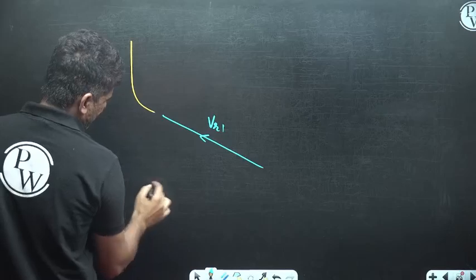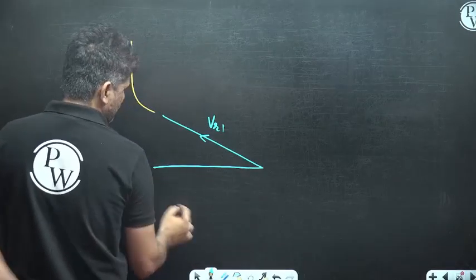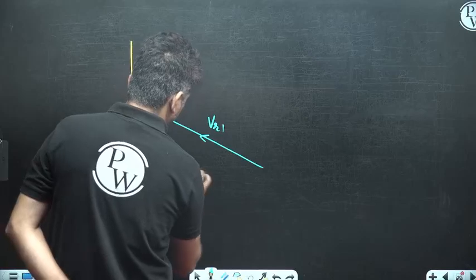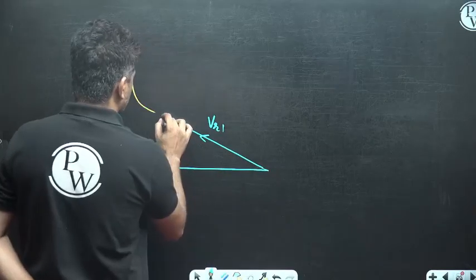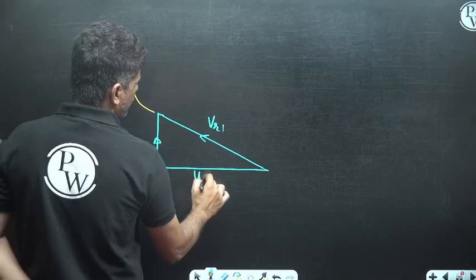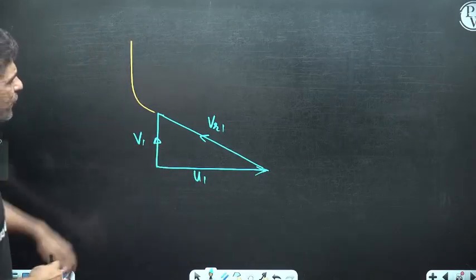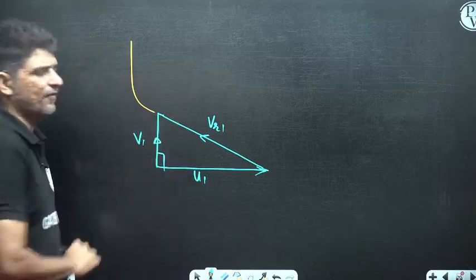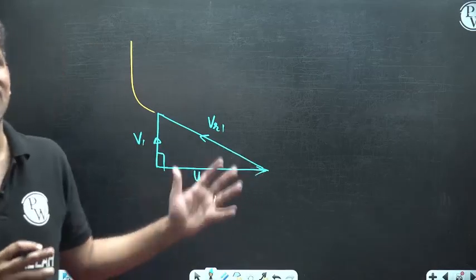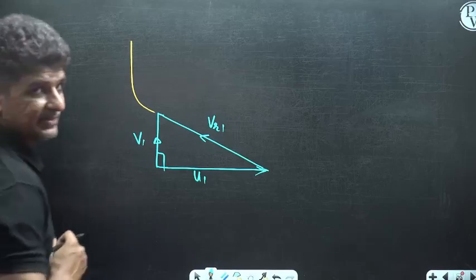This is your U1, and this is your V1, which is equal to VF1, and this is your VR1. So this is how a velocity triangle generally looks in the case of a centrifugal air compressor.